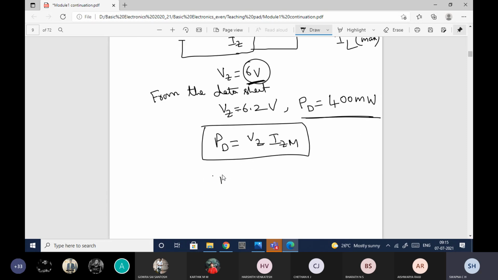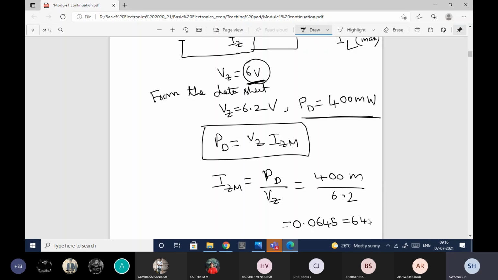So what is Iz maximum? Iz maximum will be equal to PD by Vz. Just substitute the values and let me know. 400 milli divided by 6.2. Just check this and tell me. 0.0645, so this can be represented as 64.5 milliamperes.